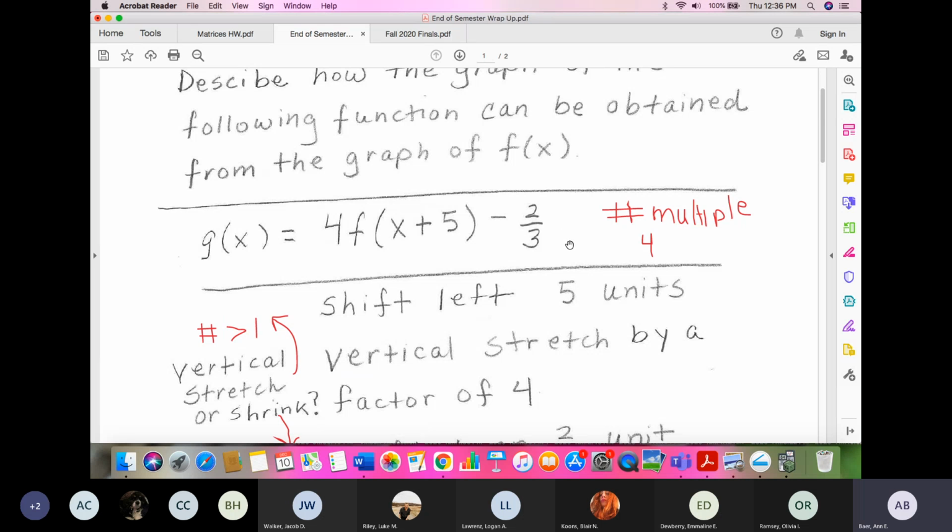Well, we use PEMDAS. We're going to start with the graph of f of x, which is already up here.